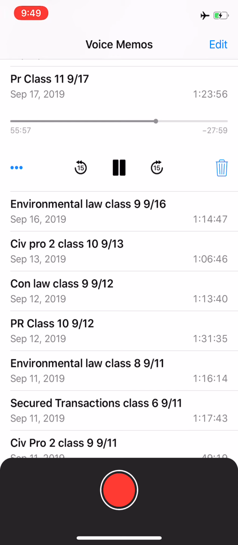We know it's not a good idea really to do joint representation, but on some level there's no way out. They can't afford it. We're going to provide the representation, and we know that the rules say even though a conflict may exist, that conflict is consentable. But in order to get that informed consent, we have to have a conversation. And that conversation could lead to a joint representation agreement. So what types of things will we want to talk about to formalize this agreement to represent Stone and Morton?